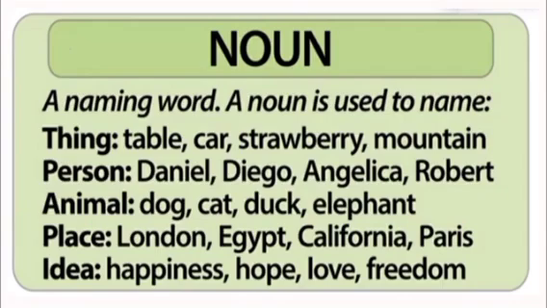We can name an animal: dog, cat, duck, elephant. We can name a place: London, Egypt, California, Paris. We can name an idea: happiness, hope, love, freedom.